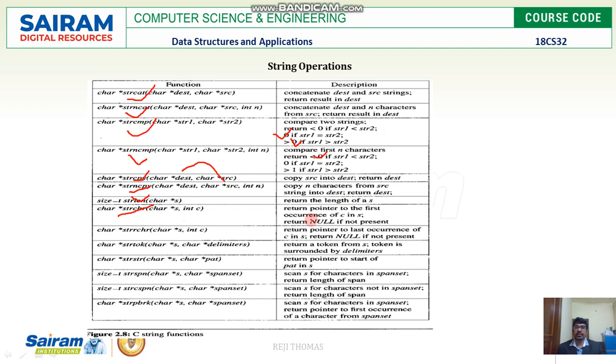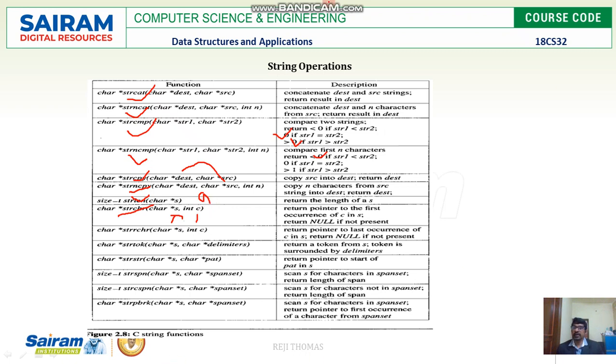There is another function called strchr, which is going to return a pointer to the first occurrence of C in S. This C can be any character. Think that you want to find a character in a given string, and let me say the character is A. This function is going to help you out.